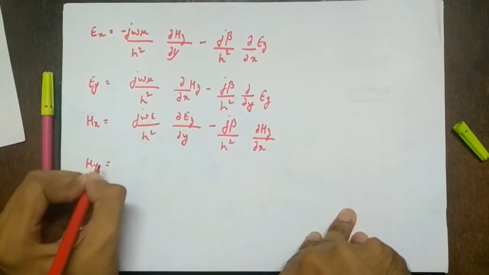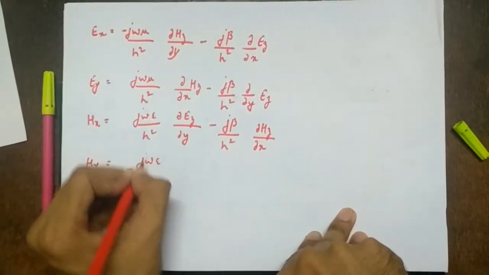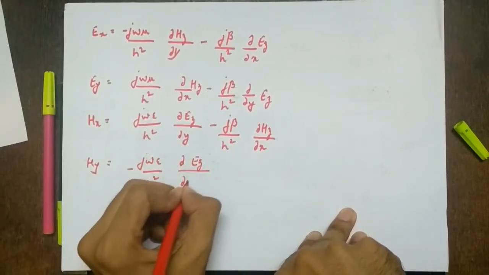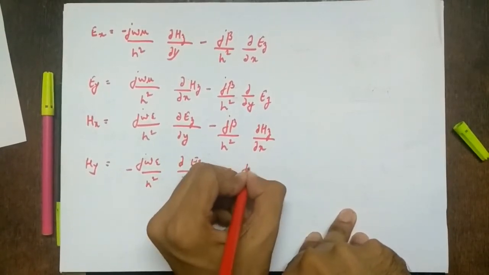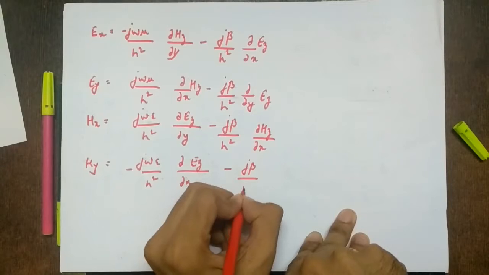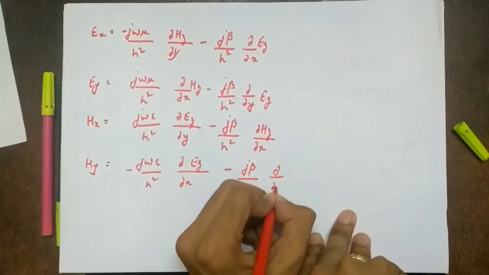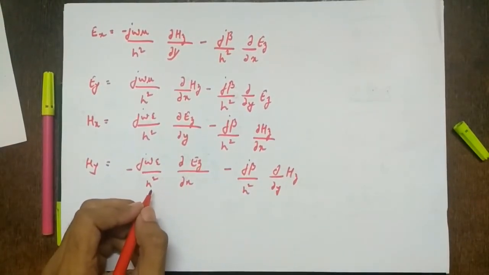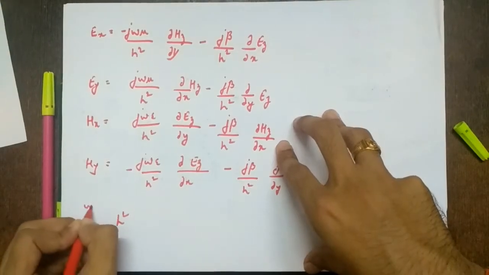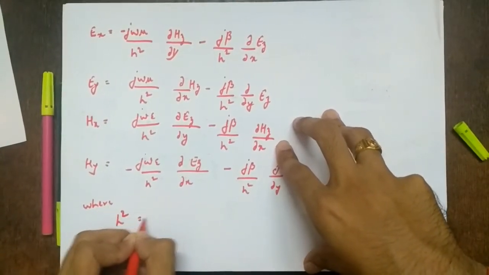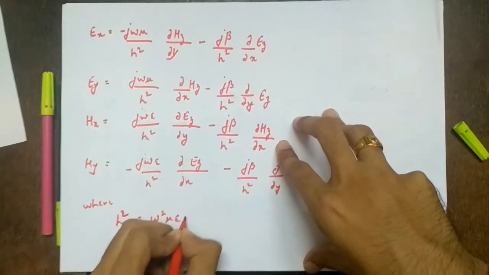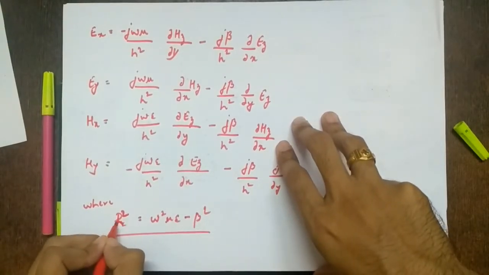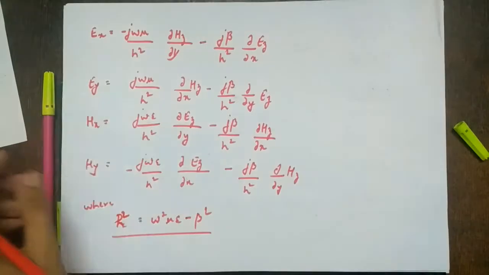And finally, we have Hy as minus j omega epsilon by h square del Ez by del x, minus j beta by h square del Hz by del y. And what is h? Here h square equal to omega square mu epsilon minus beta square. So this is the value of h square. This is h. Okay.